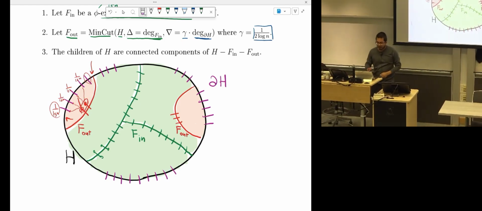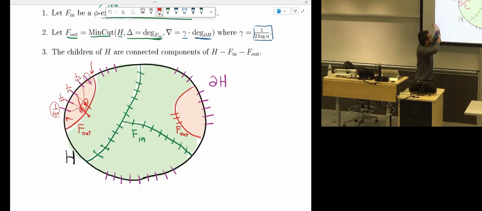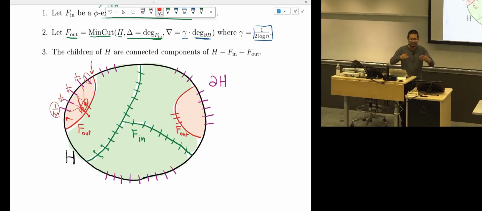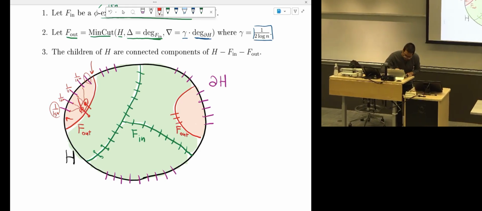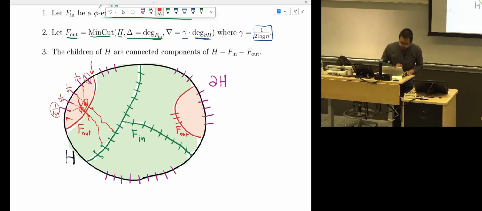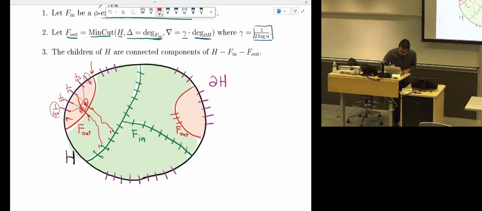Another side is also that for the flow on the right side, there is a flow that saturates the cut. So meaning that everything here sends 1 to some guy, and this guy receives at most 1.